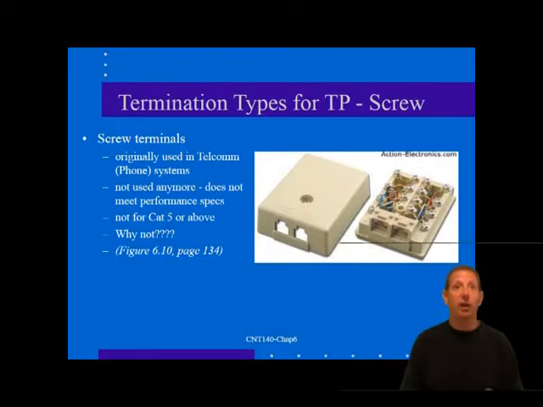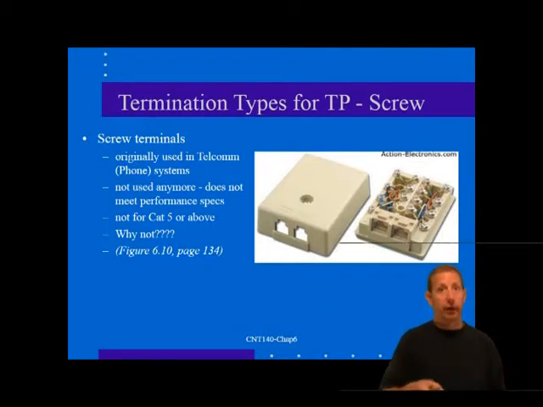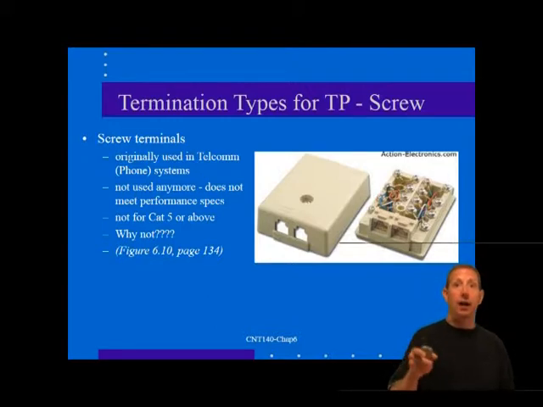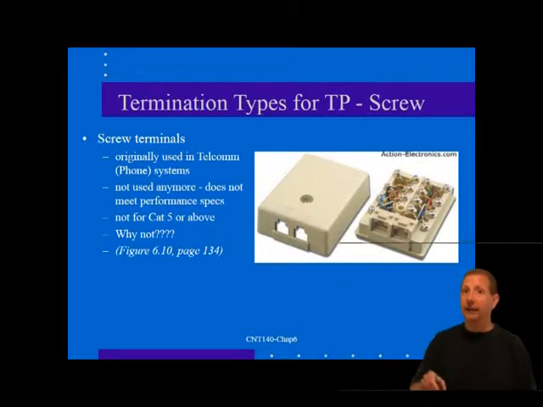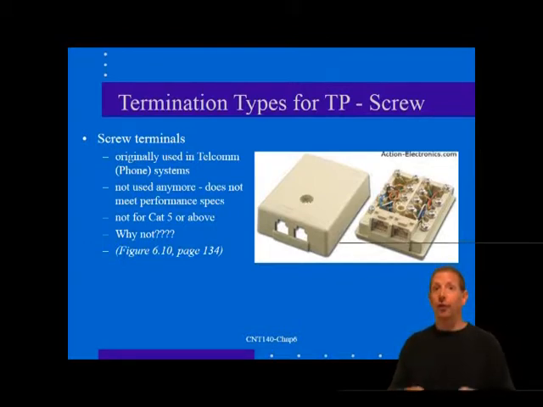As a matter of fact, you will probably never see screw terminal connectors certified above a Cat 3, if they are certified at all. You certainly do get a better connection from the viewpoint of LAN transmission with the other type of termination. For that reason, many installers do not recommend screw terminals for any LAN work.